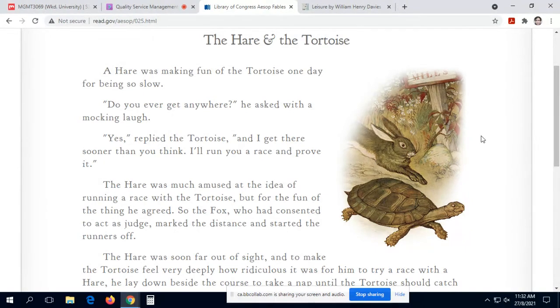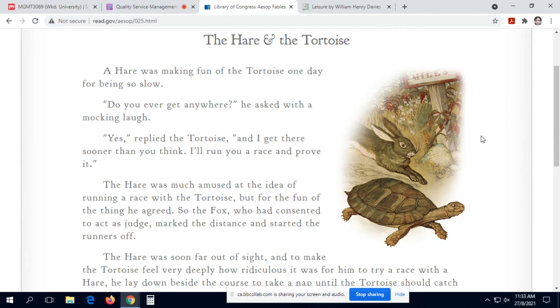Once upon a time there was a rabbit and a tortoise. They said, who is faster? The rabbit was saying, you are so lazy, tortoise. Do you ever reach somewhere?